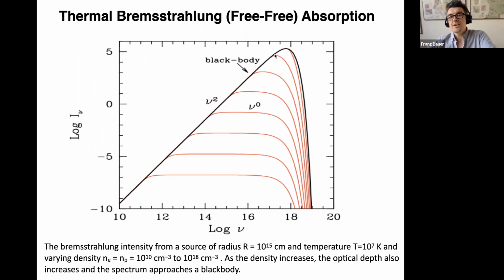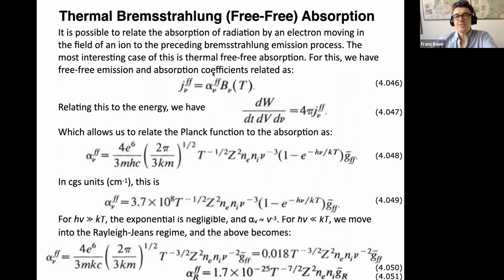And eventually, you get to the point where it's so dense that the optically thick portion starts to run up against the exponential. And lo and behold, you end up having something which is akin to a black body, which is interesting. We didn't derive that at all, right? But this is in part because we enforced this condition for them to be in equilibrium.